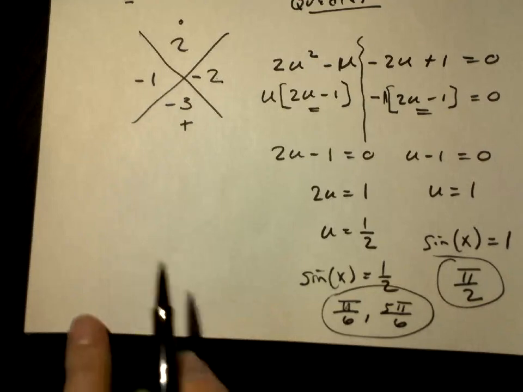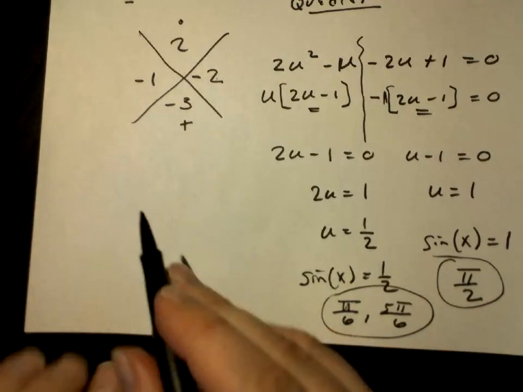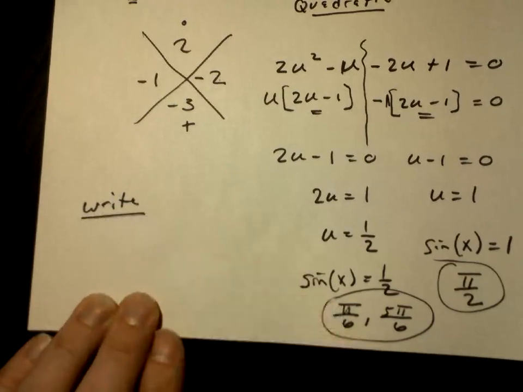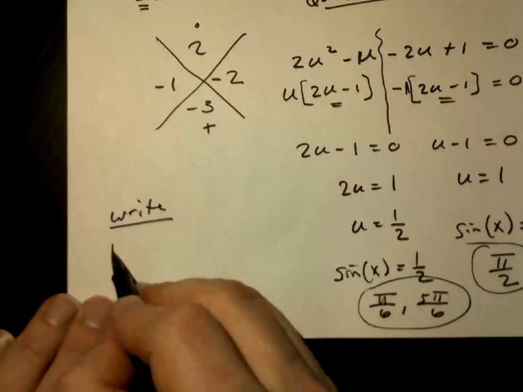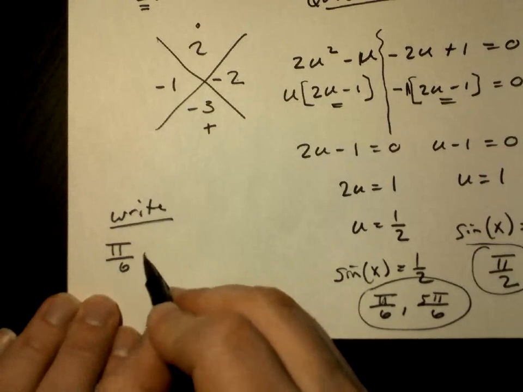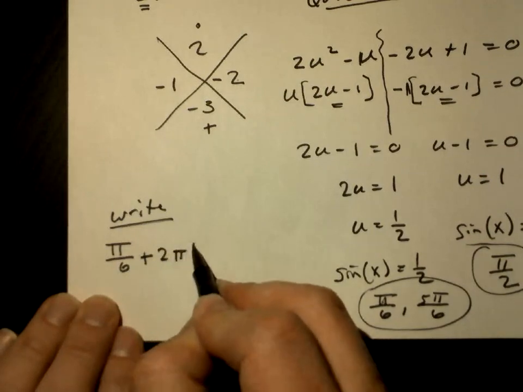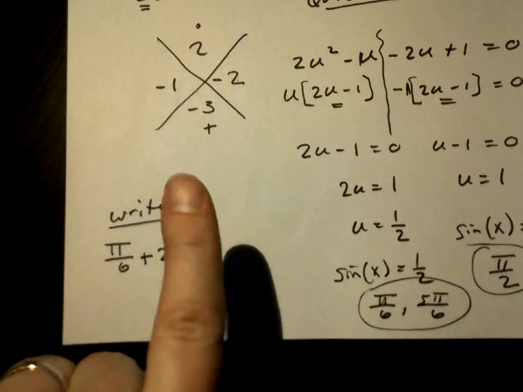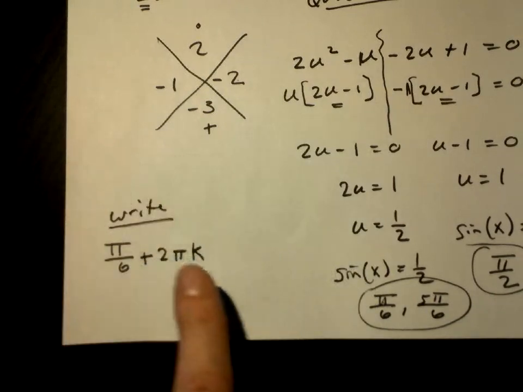So technically, here's your 3 answers. But remember, I didn't give you that restriction. So here's how you write it. Pi over 6 plus 2 pi k, because remember, you're going to go around the unit circle to that same spot.